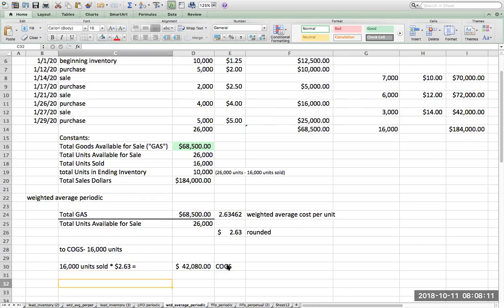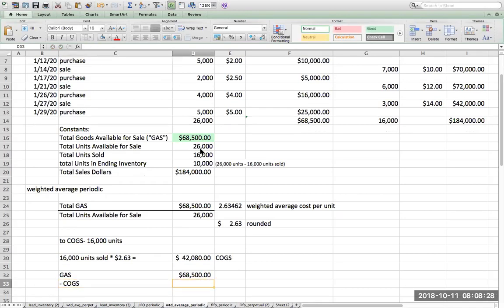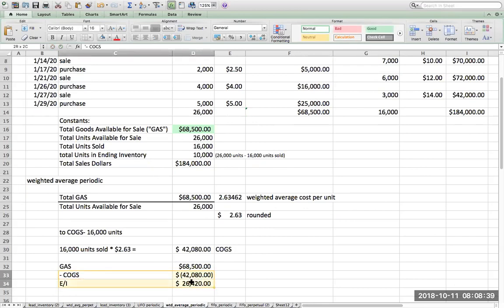Now, similar to the other methods we've been using, we're going to have cost of goods sold, so my goods available for sale of 68,500 less my cost of goods sold, or 42,080, which is going to give me my ending inventory of 26,420.